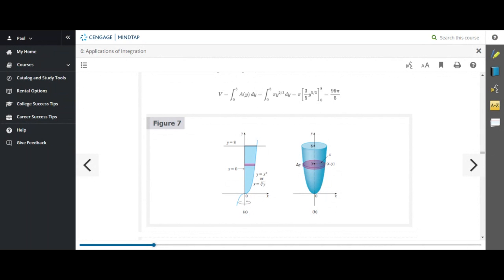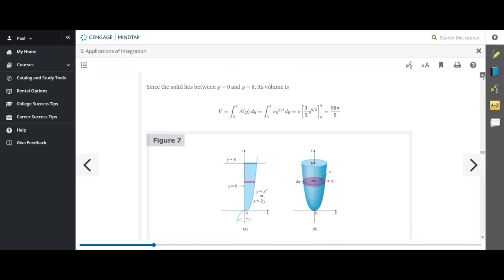But it's a difference in x values. So y equals x cubed, you're going to write as x equals the cube root of y, and subtract x equals 0 from x equals cube root of y.